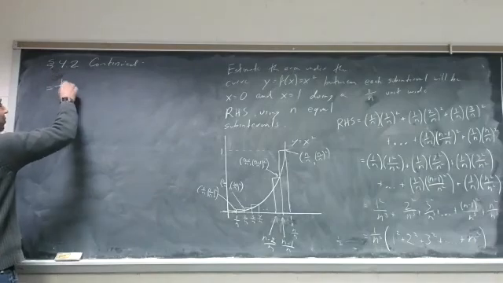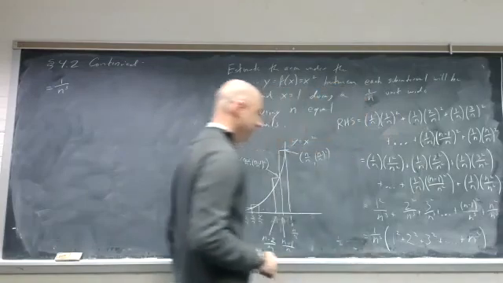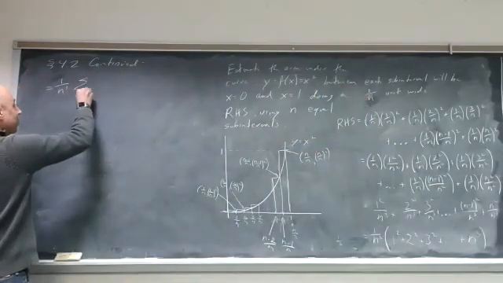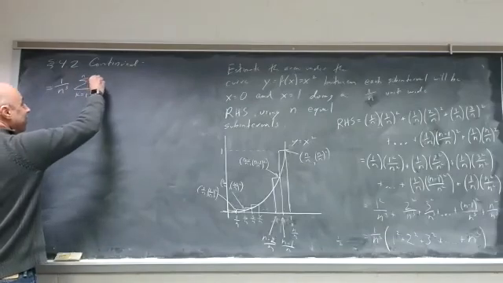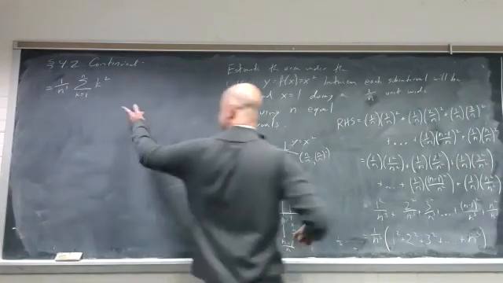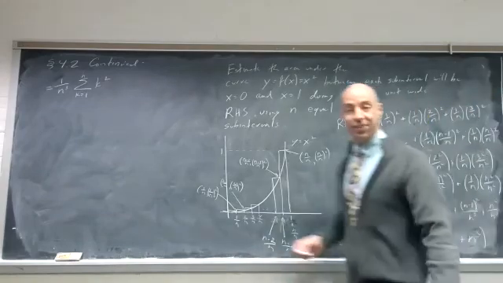1 over n cubed times, in sigma notation, the sum as k goes from 1 to n of k squared. If you don't like that, just leave it like this. If this is clearer to you than that, by all means, leave it like that.